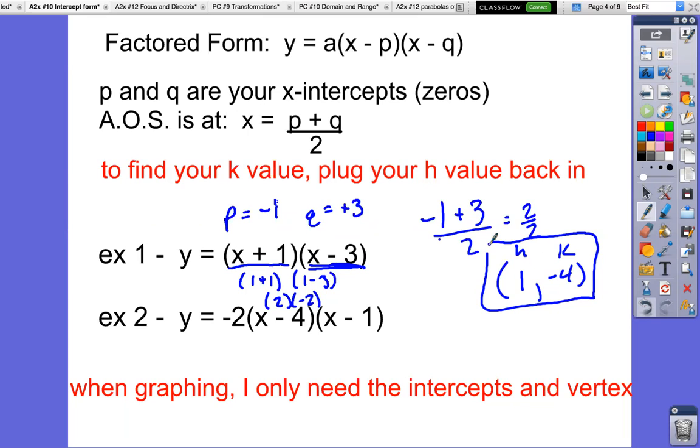Oh man, number 2 looks way harder. It's not really, but you might have a fraction. That's okay. Take a second, and by a second, take about 30 seconds and do number 2. See if you can find your vertex for number 2.